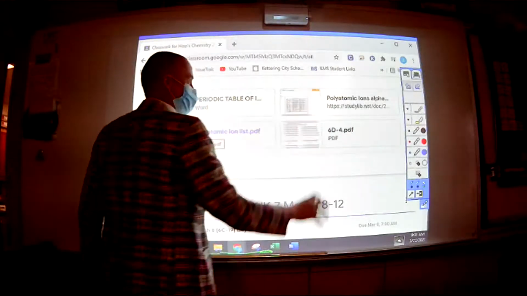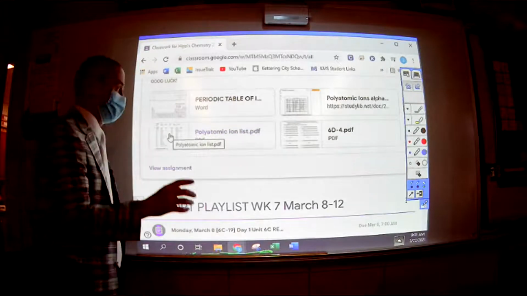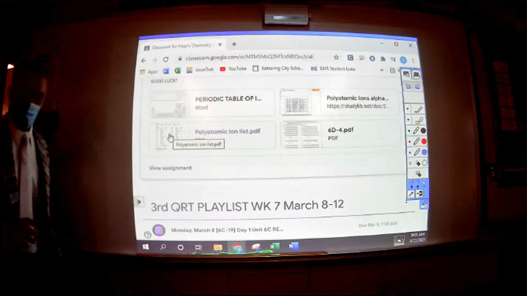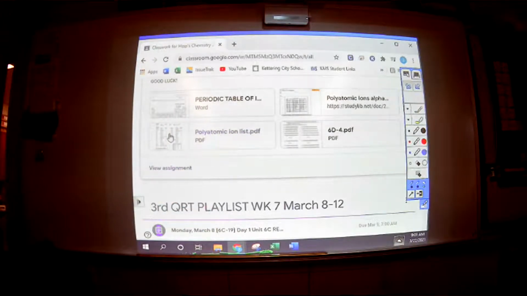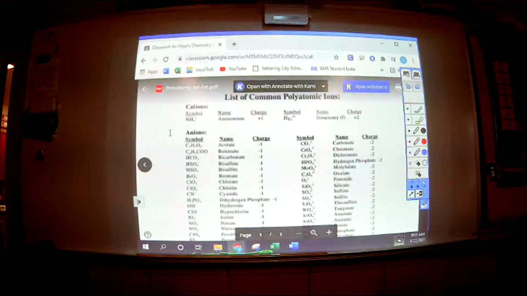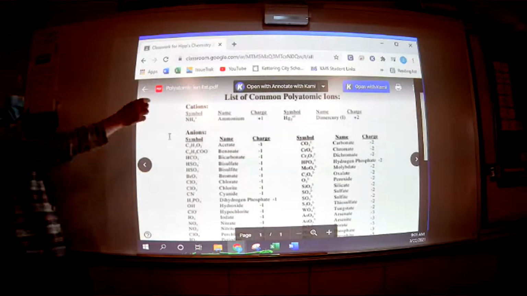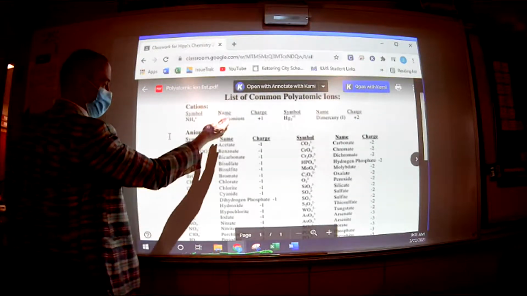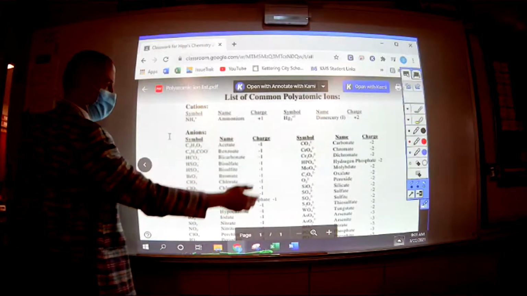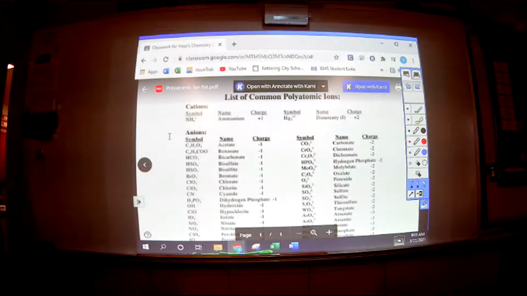This is a list of polyatomic ions alphabetically. This right here is another list of the polyatomic ions. This one is very useful because it gives you the formula, the charge of the polyatomic ion, and its name to the right. This is very well organized.